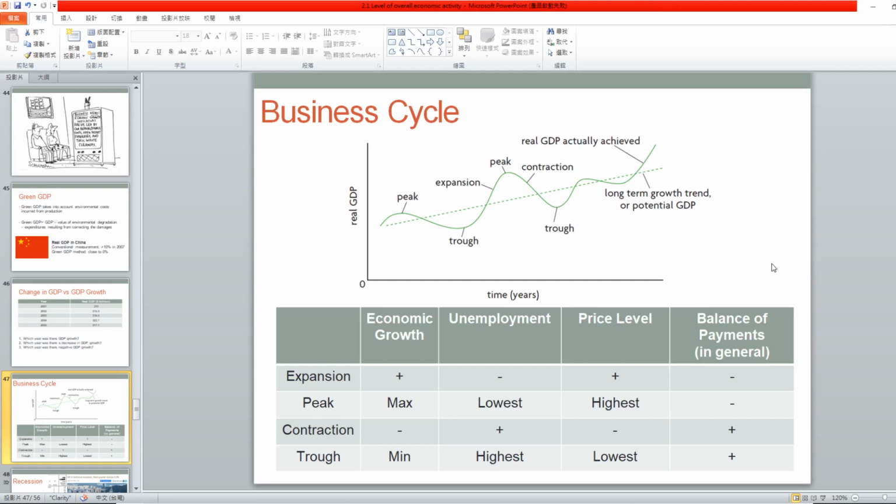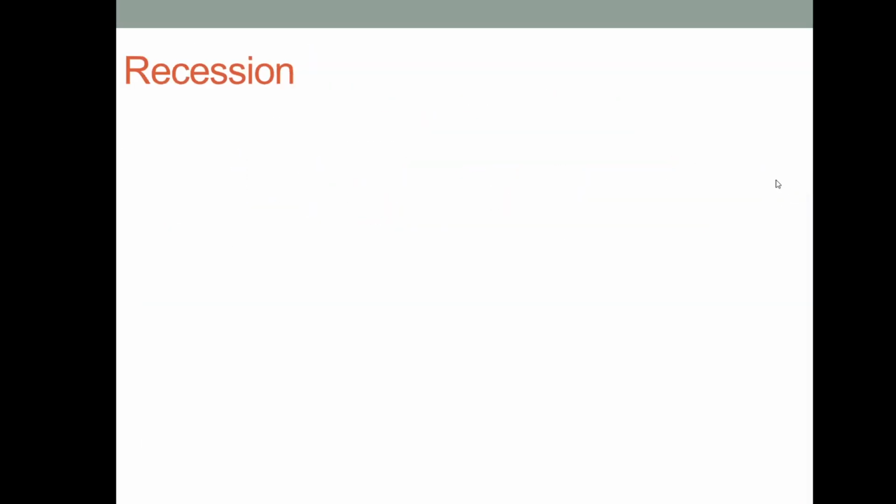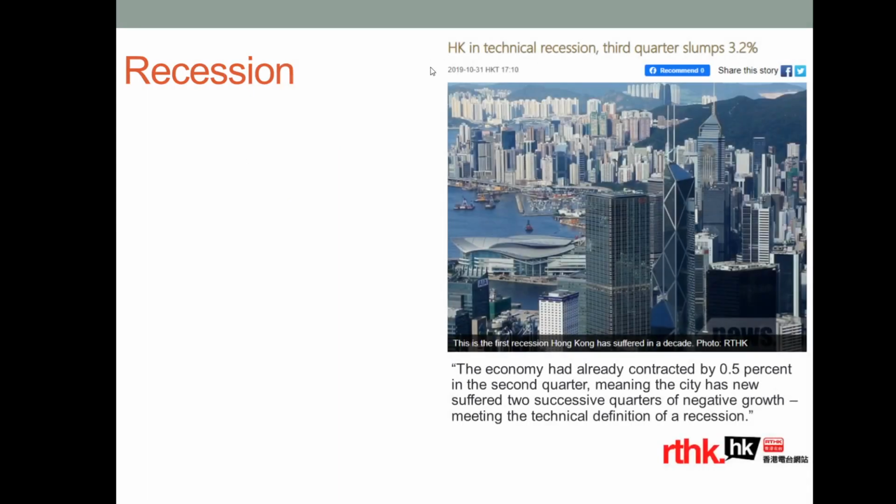Okay, so with that being said, look at this. So let's go back to recession. Take a look at this news. It's not a very old news. Look at this, it's just a few months ago.